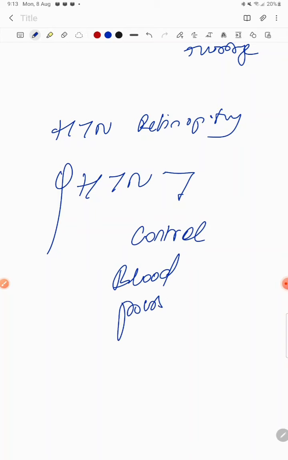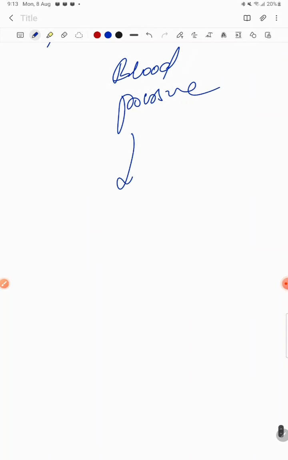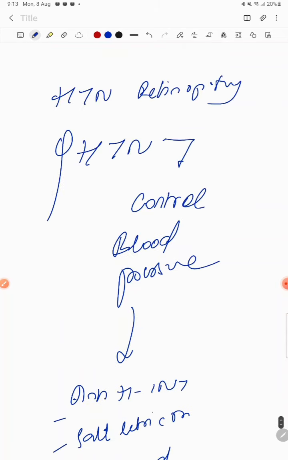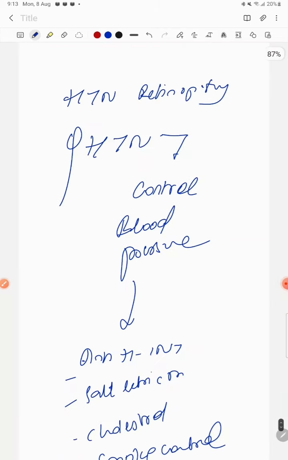By giving antihypertensive drugs and salt restriction, cholesterol control, smoking control. But these changes are irreversible. Once it has happened, it is done. You will just prevent further damage. जो हो गया वो हो गया.